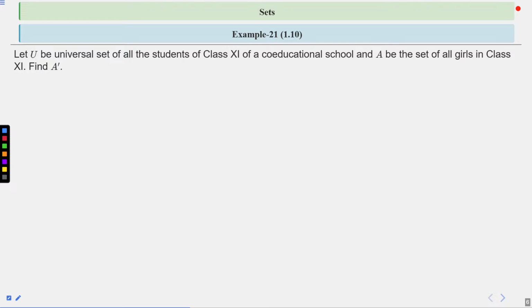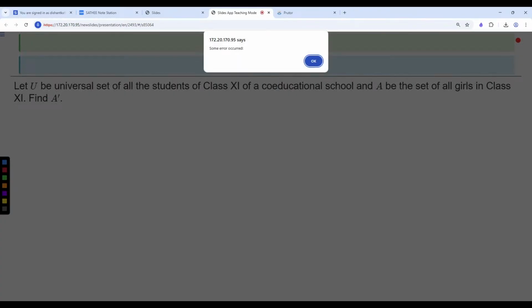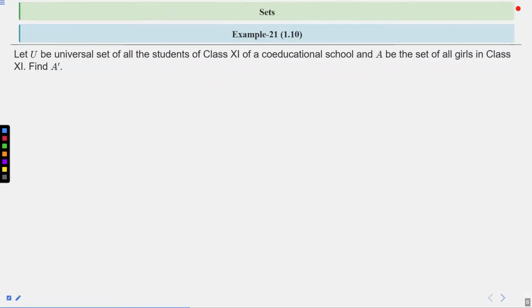Now another example. If you have U as your universal set of all the students of class 11th of a co-educational school and A be the set of all girls in the class 11th, then find out A complement.